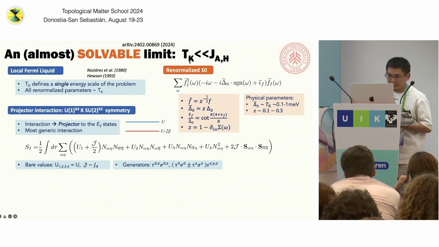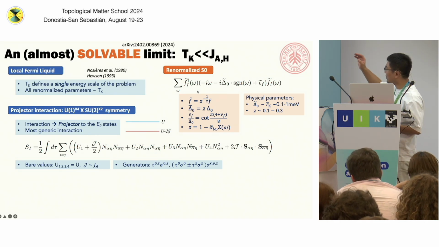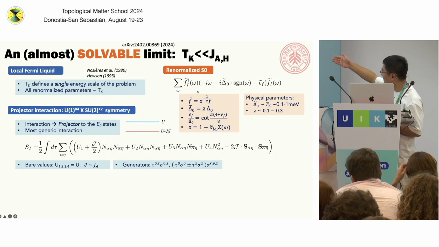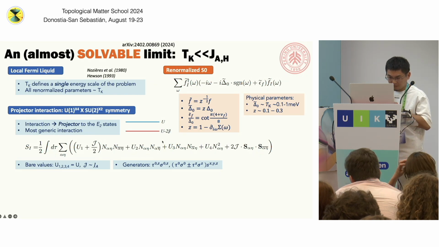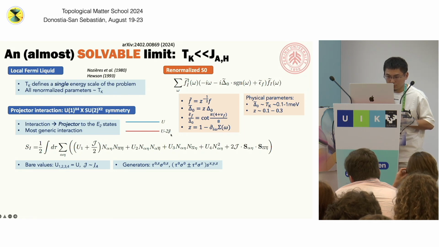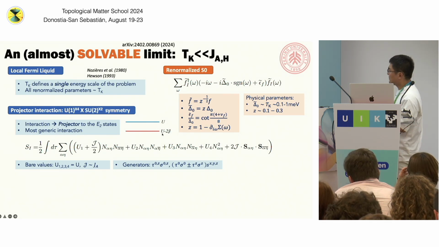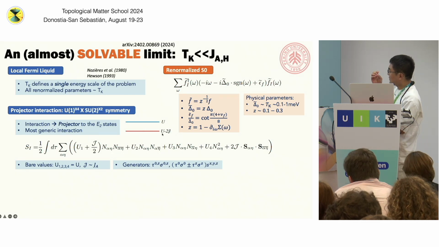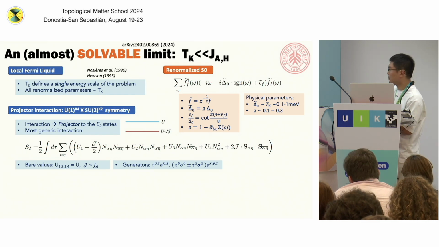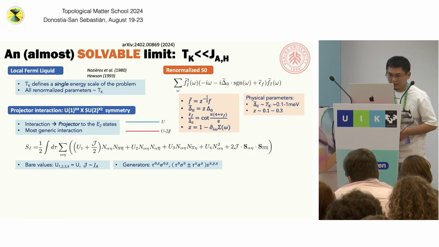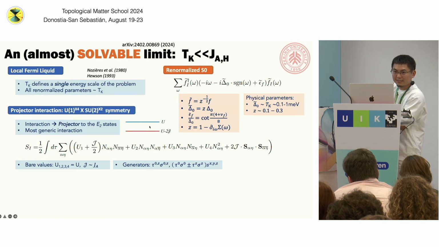And we argue that when the Kondo temperature is much lower than the multiplet splitting, which is GA and GH, when the local Fermi liquid is formed, only the ground state manifold will participate in the local Fermi liquid. I mean, only these two ground states will participate in the Kondo physics. So if this is true, we can do something to the excited states without changing the low energy physics. The thing we did is that we make all the excited two-body states degenerate.